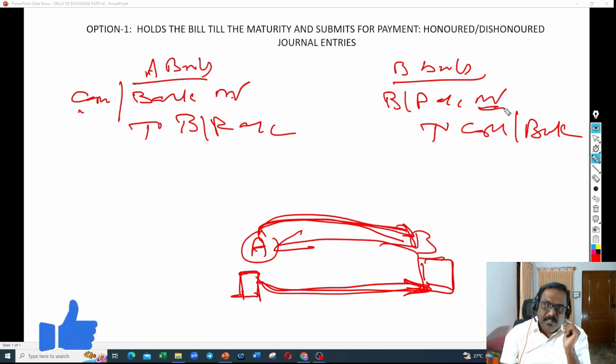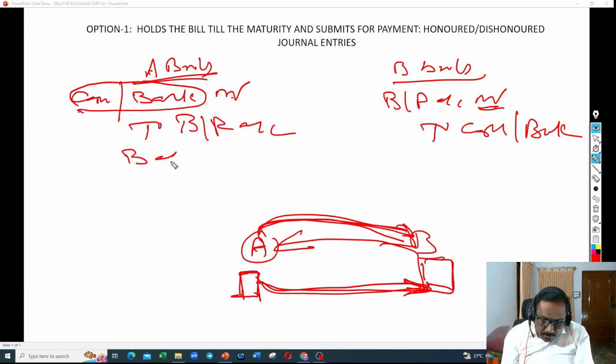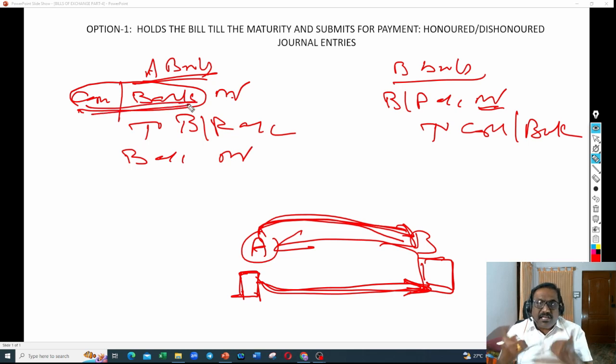Next, in case B says, no, I don't have money, I cannot pay, then what entry will be written? A will not get cash or bank. Simple. Because B rejected. He said, sorry, I don't have money. Then A will debit B account instead of cash and bank. If cash comes in, you can debit cash and bank. But cash is not coming.